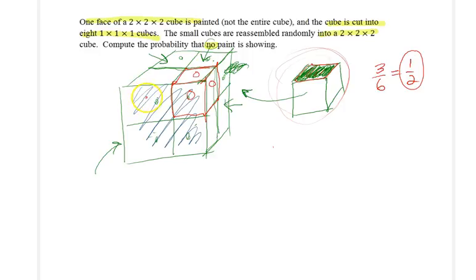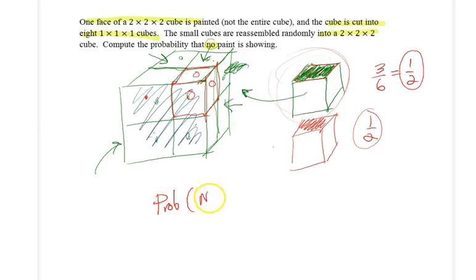You would have a similar thing going on with your other 3 one-face painted cubes. So they each have a 1/2 chance that their paint will show, and a 1/2 chance that their paint will be hidden after the reassembly.